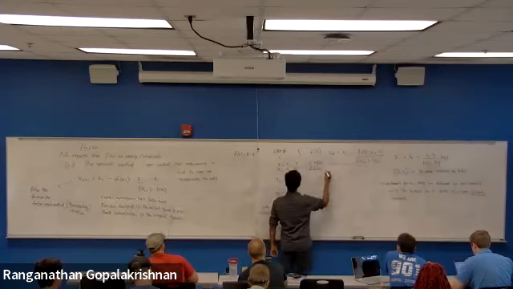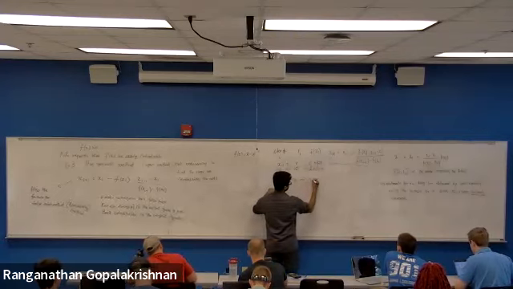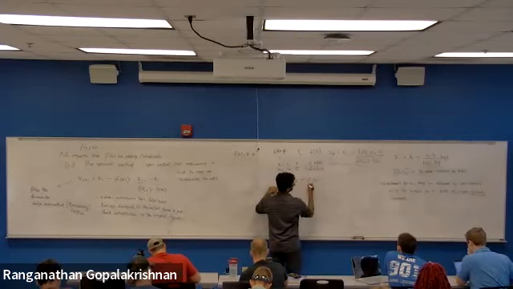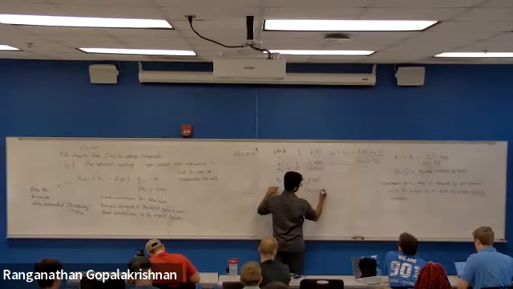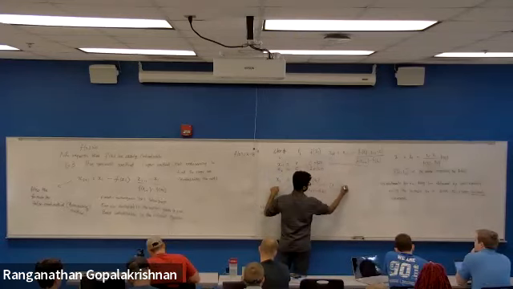Now you can compute x1, which is going to be x0 minus f of x0 divided by f of x minus 1 minus f of x0, multiplied by x minus 1 minus x0.